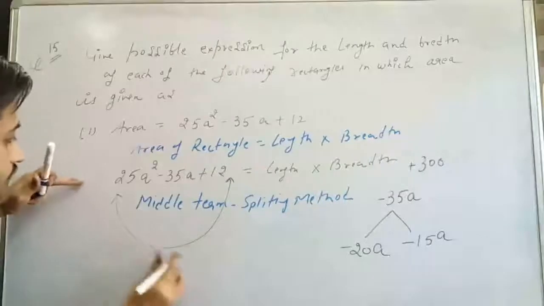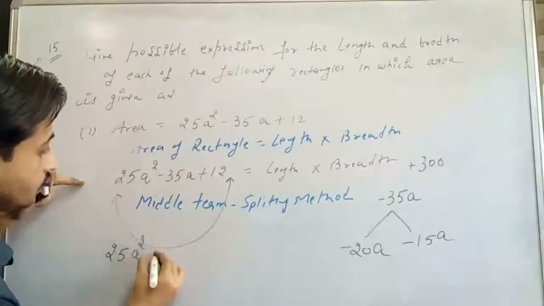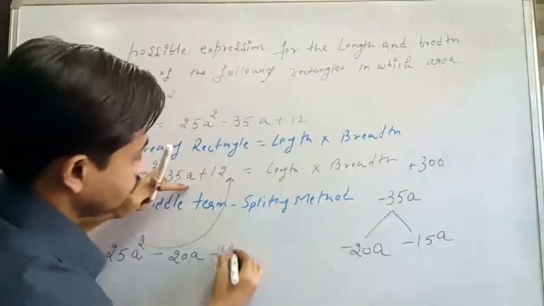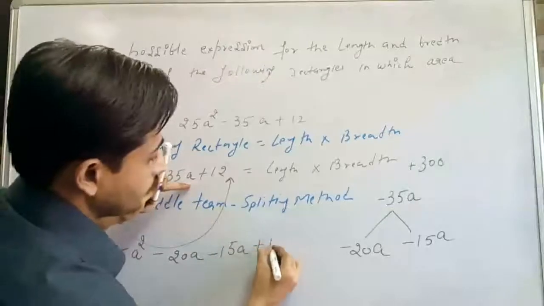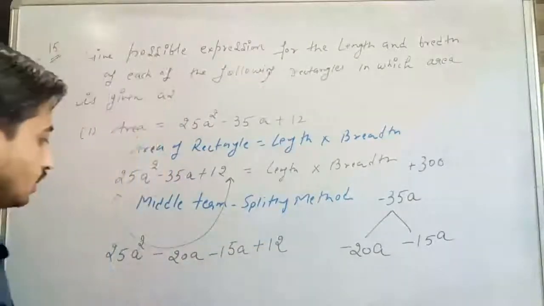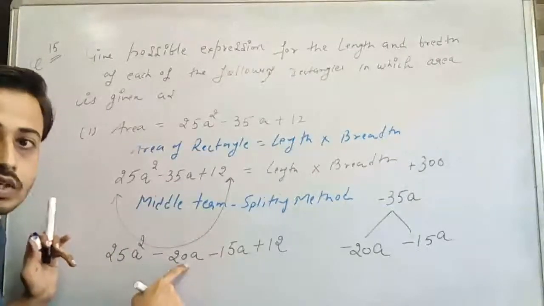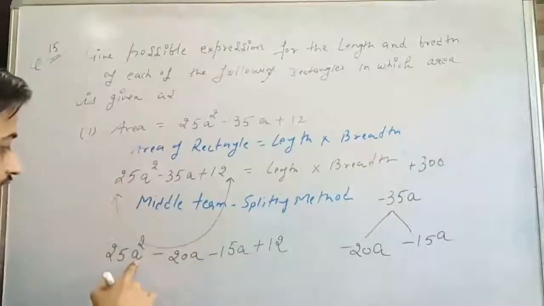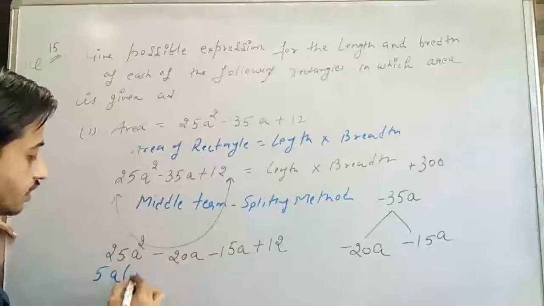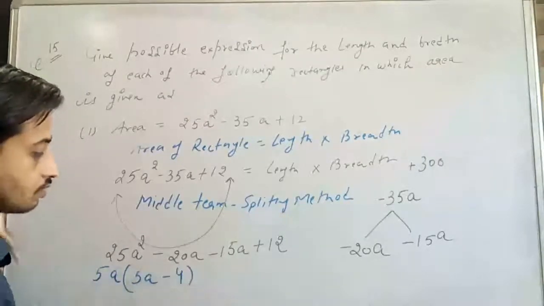So solve this. 25a square minus 20a minus 15a plus 12. Now please solve this. There is a common factor 5. 5 into 5 is 25, 5 into 4 is 20. So 5 is a common factor, and a is also present, so I am going to take 5a common. 5 into 5, 5a; 5 into 4, 20a, so we get minus 4.